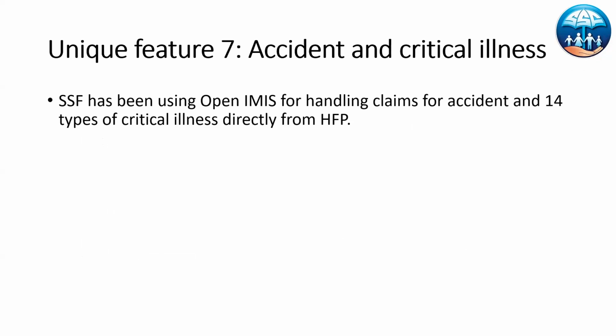These claims can also be processed and uploaded from the hospital directly without visiting our offices. So these are the things we have implemented so far, and we guess these are unique features that can also be used by other implementers of OpenEMIS if they are in need of these features.